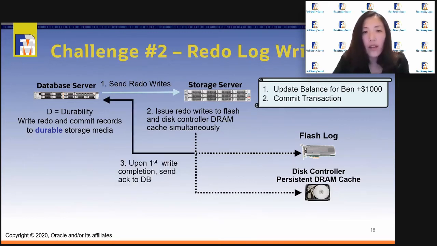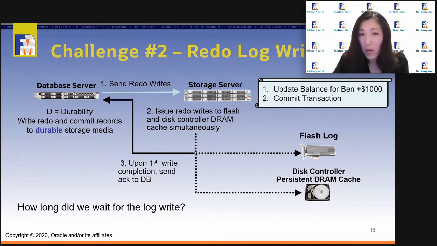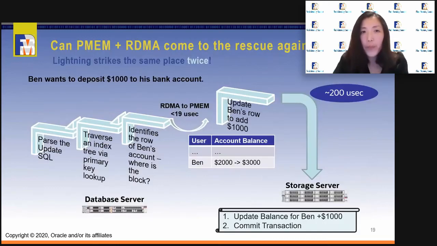As soon as any write finishes, we can send an ACK back to the database. We call this the flash log feature. And this itself is able to give us a low latency, but still involves the whole messaging protocol and doing the IO to the actual flash or the DRAM cache. How long does it take? Yes, 200 microseconds. That's very similar to the random read latency that we have experienced before.